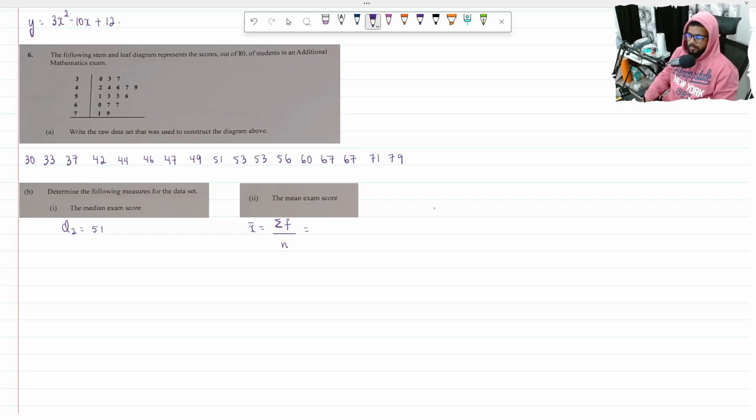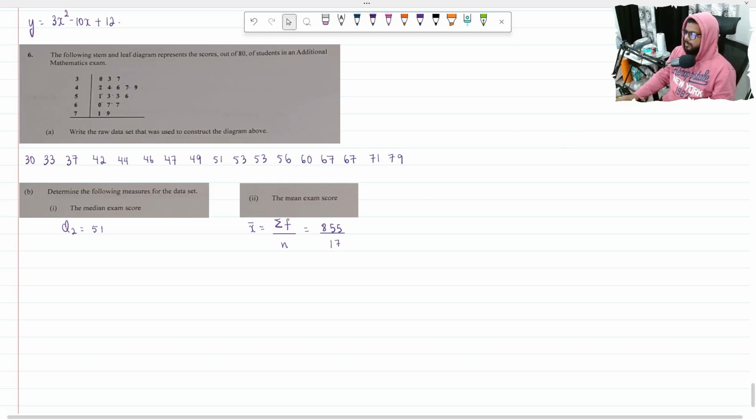I'm not going to bother to write out all of that; I'm just going to add it up. This is easy to add up. We will get 855 over how many scores we have. We have 1, 2, 3, 4, 5, 6, 7, 8, 9, 10, 11, 12, 13, 14, 15, 17 scores. 855 over 17. We're going to leave it just so, because they didn't want us to calculate it to decimal places.